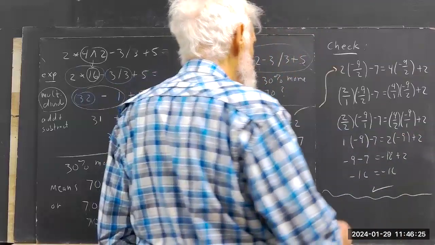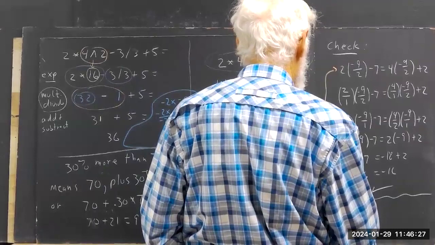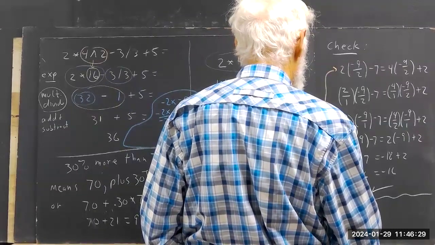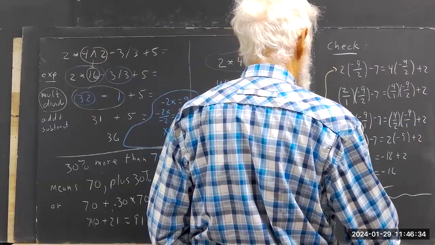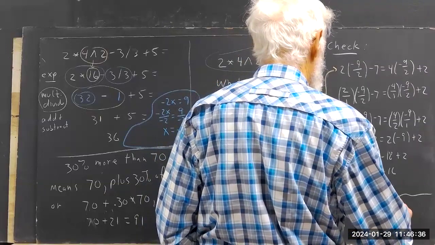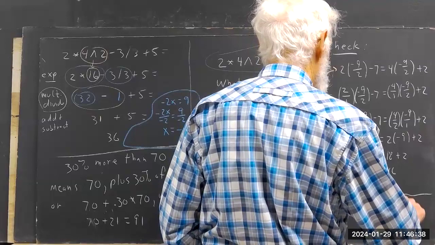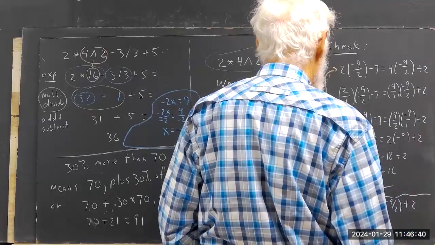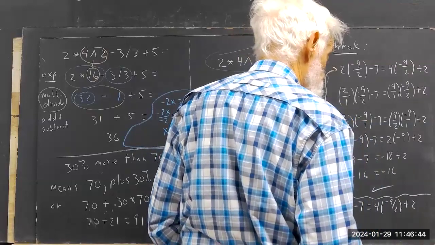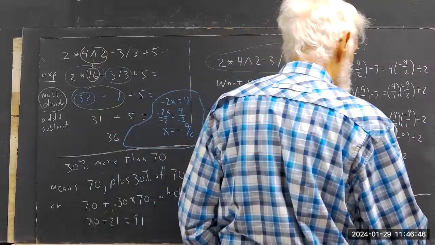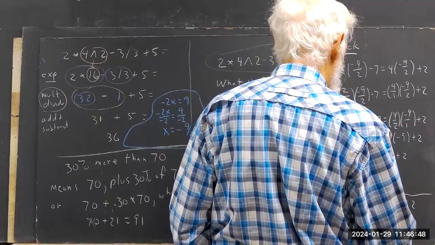So what cancellation would do is it says 2 times -9/2 minus 7 equals 4 times -9/2 plus 2. And you cross out this 2 and this 2. Then you cross out this two and cross out the four, but write a two there.